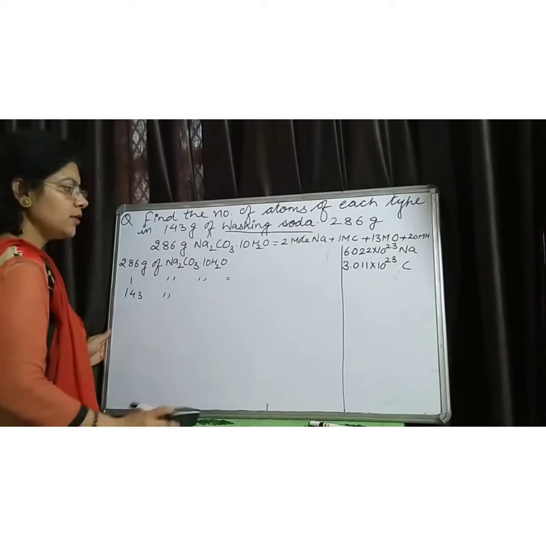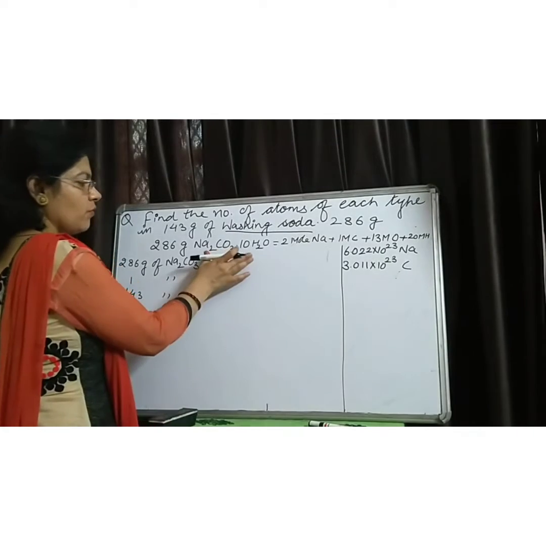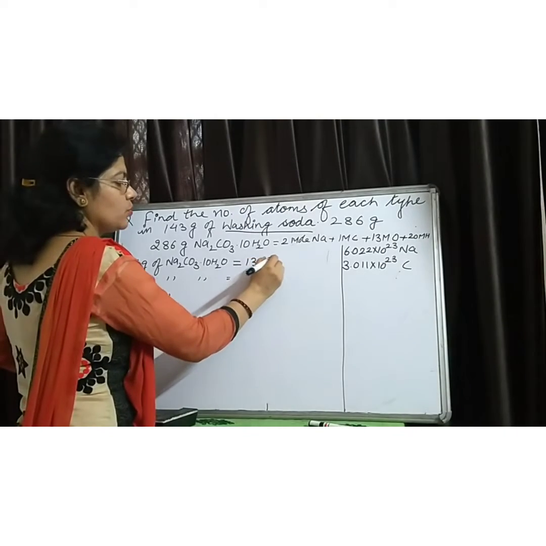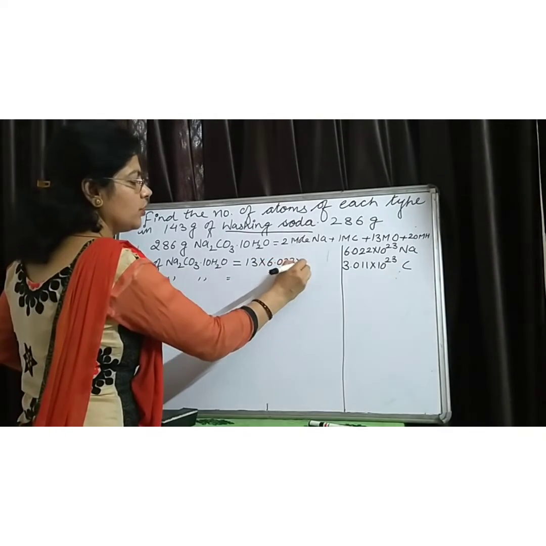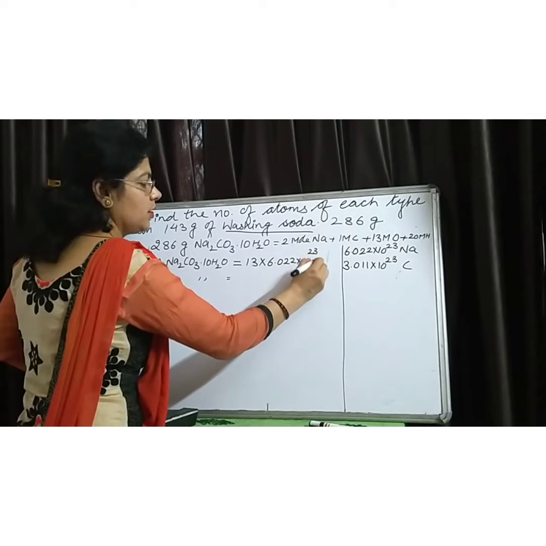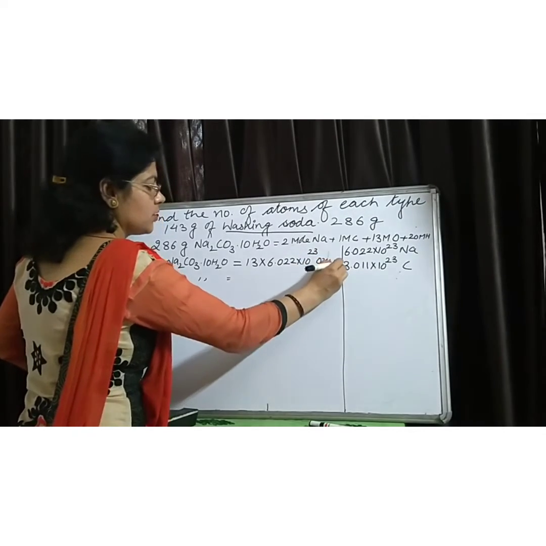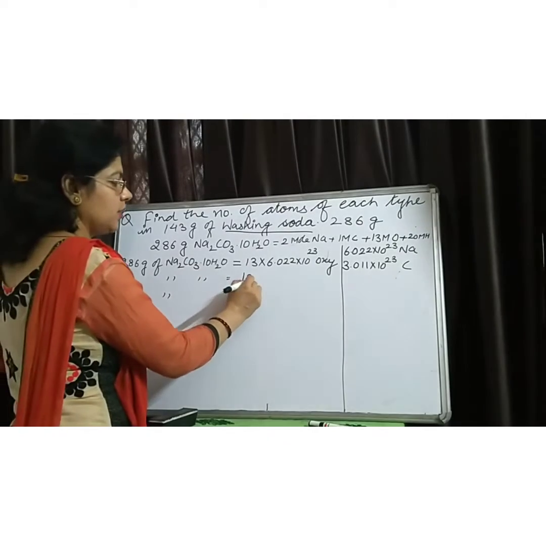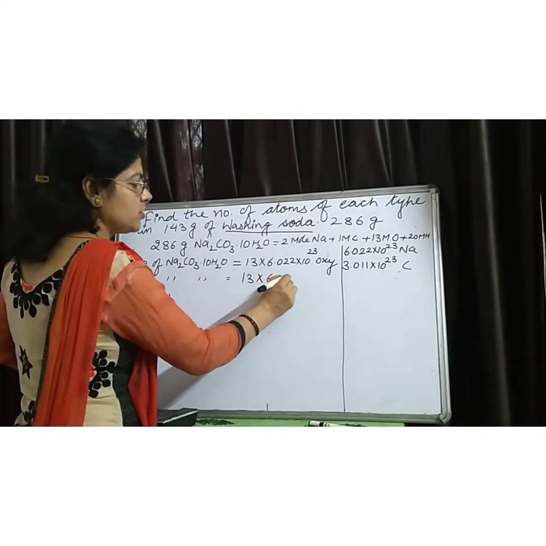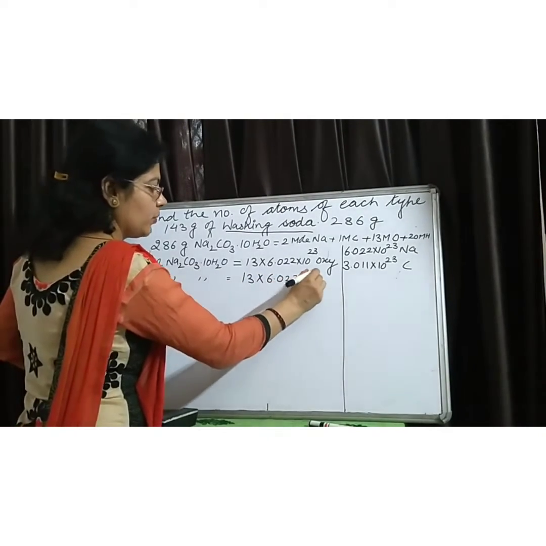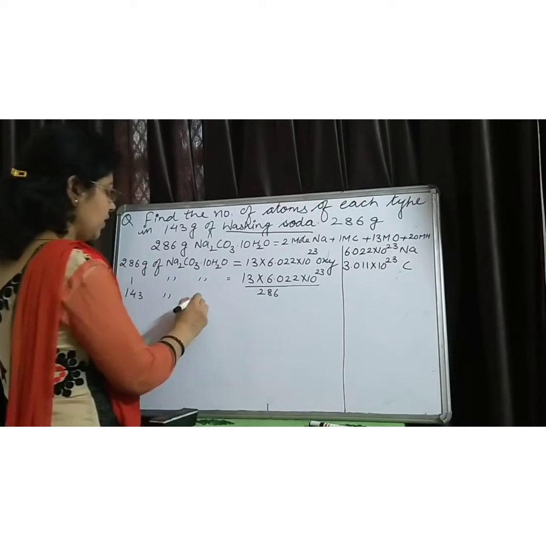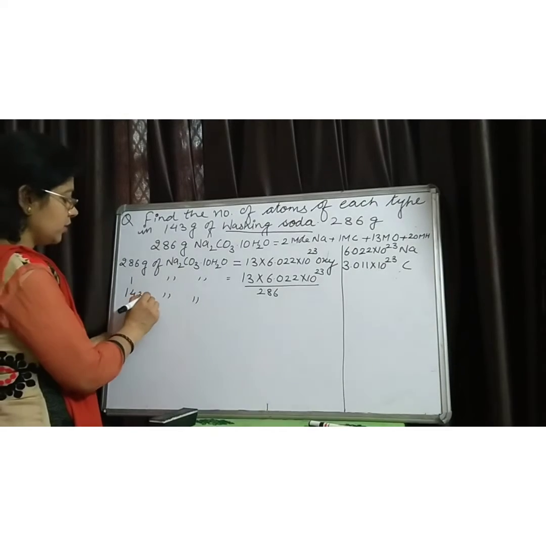As we know, 1 mole of washing soda has 13 moles, means 13 into 6.022 into 10 raised to power 23 atoms of oxygen. And in 1 gram of washing soda there are 13 into 6.022 into 10 raised to power 23 divided by 286, and we have to calculate for 143 gram.